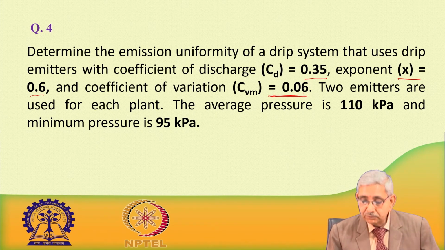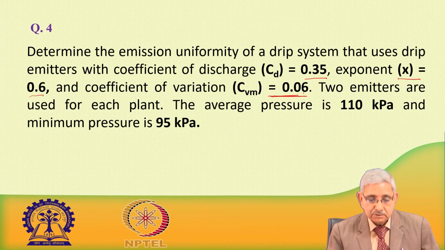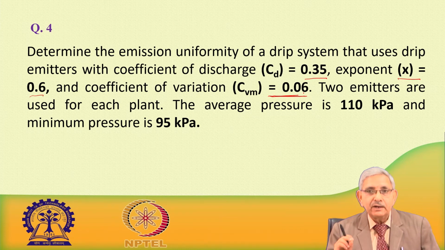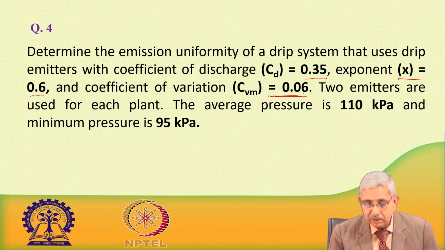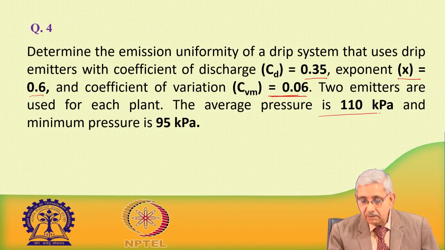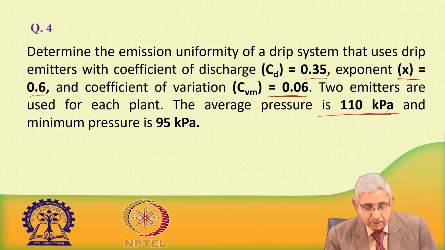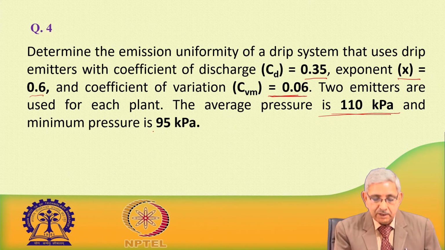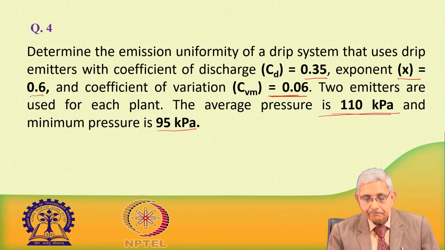There are 2 emitters for each plant, which is the requirement to meet the water requirement. The average operating pressure is 110 kilopascal, and the minimum pressure is 95 kilopascal. So, these are the observations which are given.